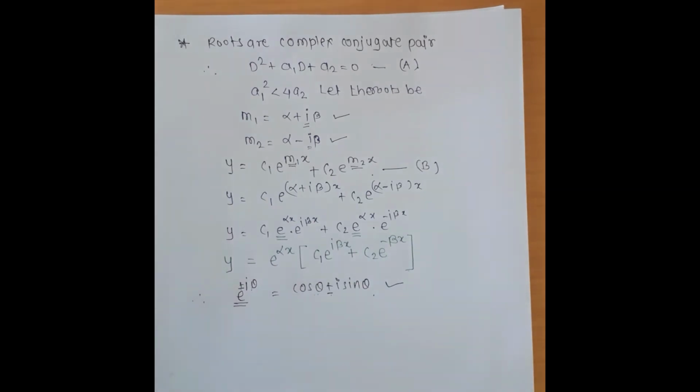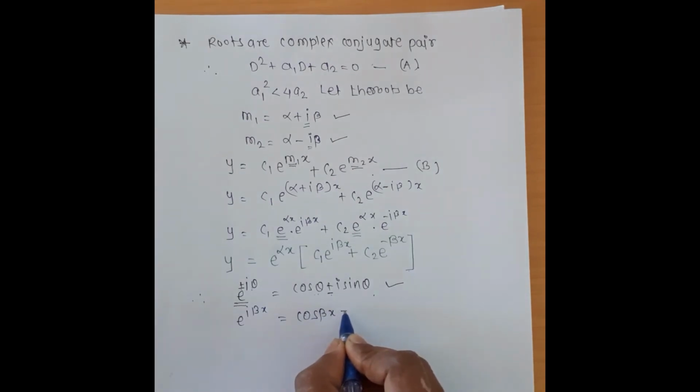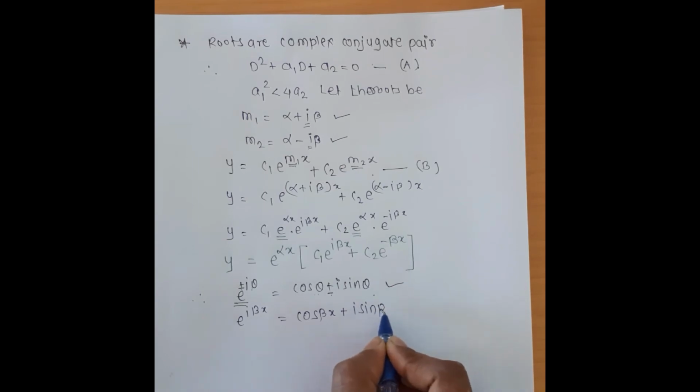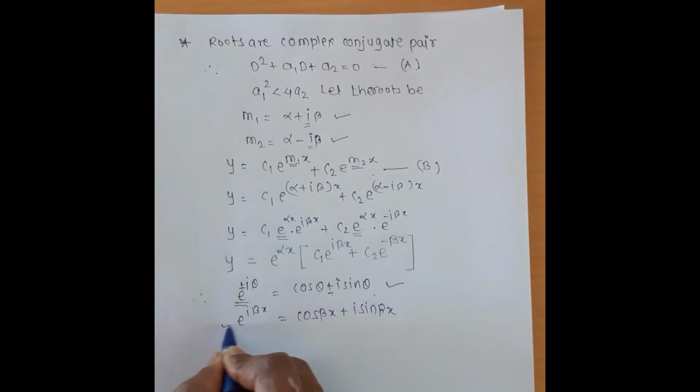So we write these two equations. First, e raised to i beta x, using this formula, will be cos beta x plus i sin beta x. This is for plus.